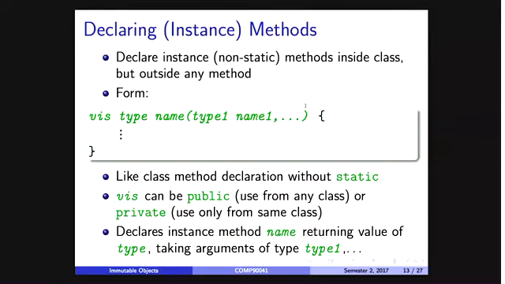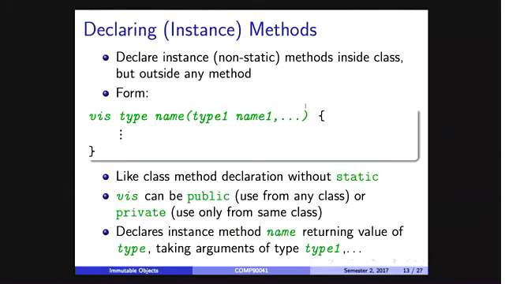So viz, for now, we'll just say viz can be either public or private. There's actually a couple more choices, but you'll get to them later. For now, let's just say public or private. And private means the same thing for methods that it does for instance variables. It means nobody outside of this class can use this method. So you can use it inside the class.